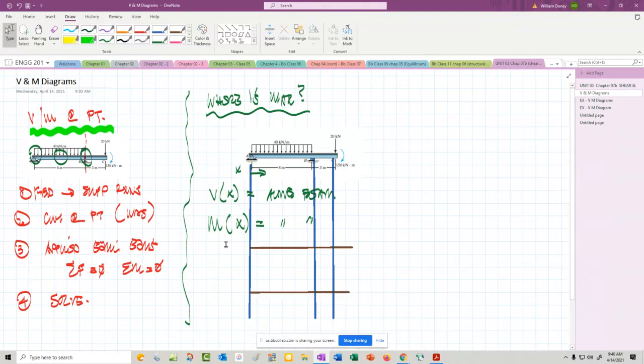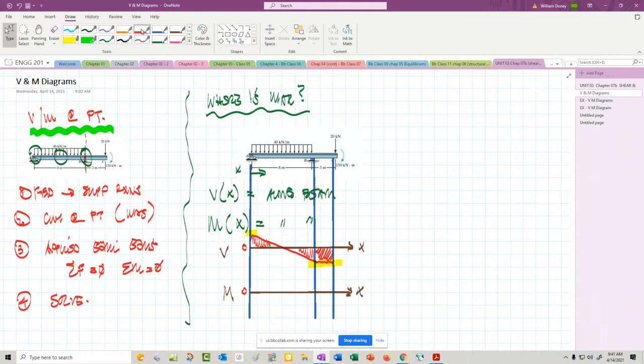And what we're setting up here is finding the shear and the moment as a function of x along that beam. So just faking it here, we might find out that the shear goes like this. If that's 0 and that's 0, it starts up here, goes down here, and then comes here and does something like that. Then it's very easy for us to find out where the maximum shear occurs.